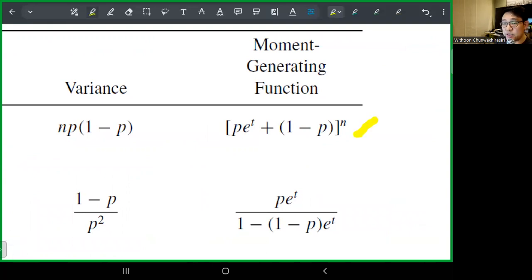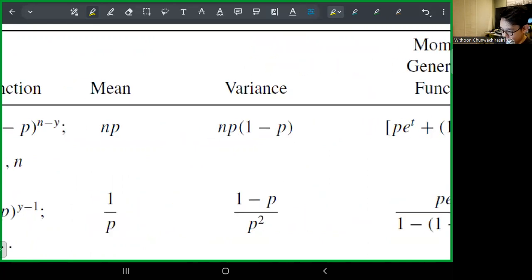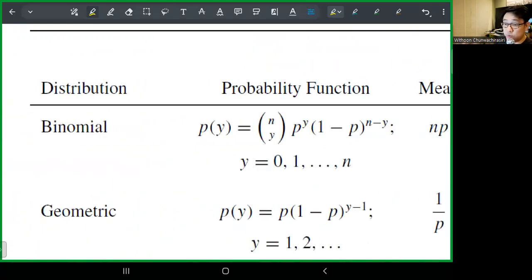The uniqueness theorem of the MGF states that whenever you have a moment generating function that looks like this, that's always going to be one to one, nothing else. It's always going to be the binomial distribution. Cool? All right, that's kind of nice.